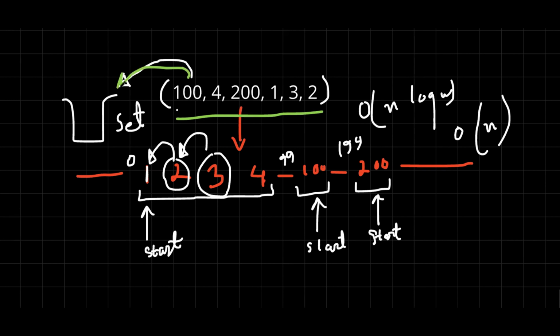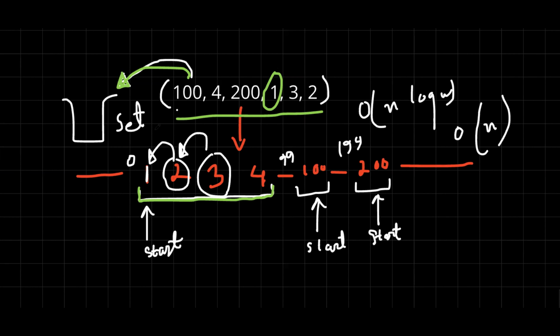And now we have to check, for each of the elements, whether the previous element is absent from the set or not. If the previous element is absent from the set, that means those corresponding elements will be the starting position of a consecutive sequence. In those kinds of cases, we have to simply check whether their next consecutive elements are present in the corresponding set or not.